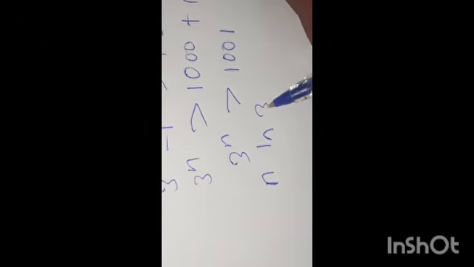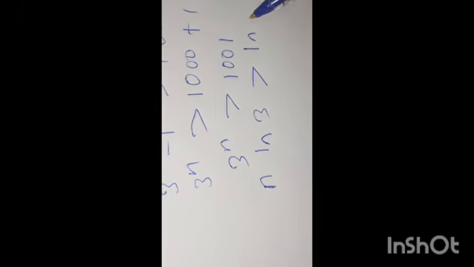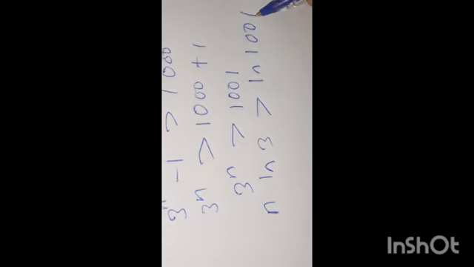So we say n ln 3 should be greater than ln 1001.